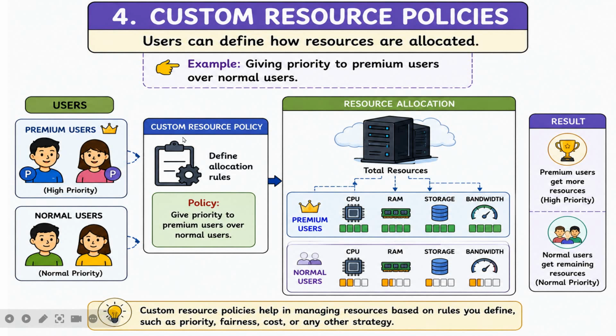In the center, you have the custom resource policy section, which shows that the researchers or the cloud administrators can define allocation rules, and in this example the policy gives more resources to premium users than the normal users.